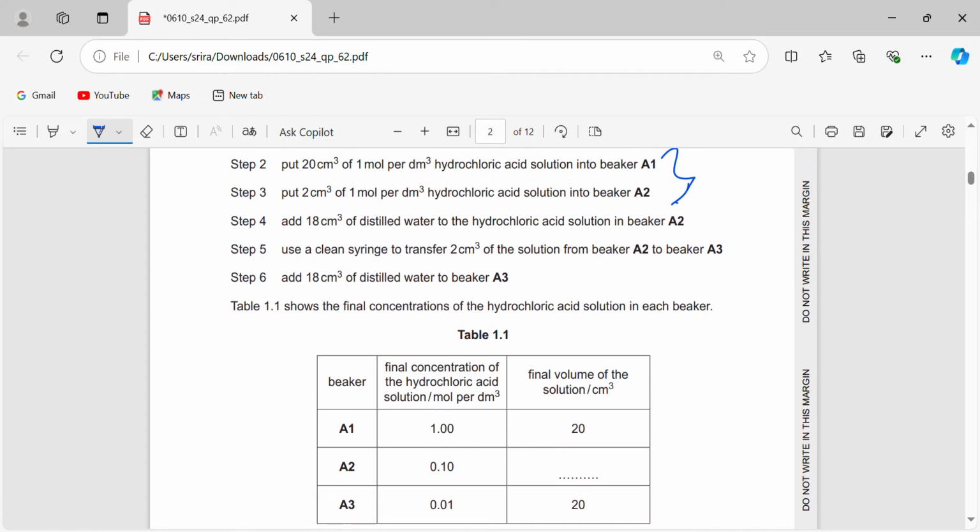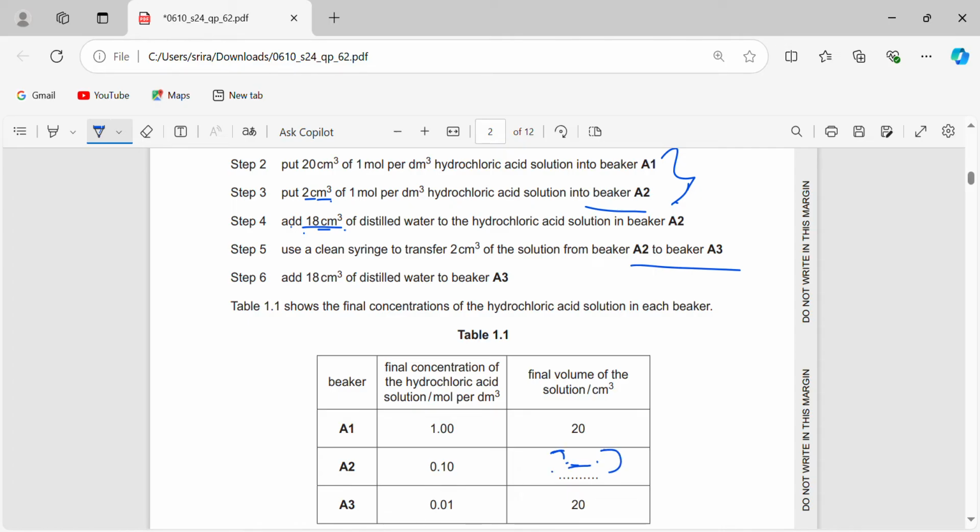We'll get that information right here. They're first adding 18 centimeter cubed of distilled water, and then transferring 2 centimeter cubed, no, that's from A2 to A3, sorry. They're adding 2 centimeter cubed into beaker A2, and then 18 centimeter cubed of distilled water. So from this we can figure out 18 plus 2, that is 20.